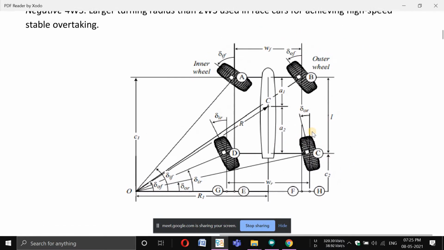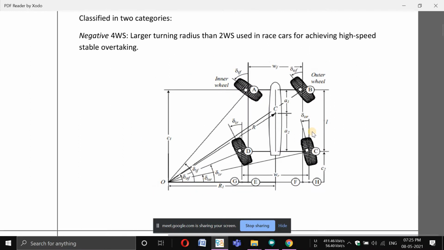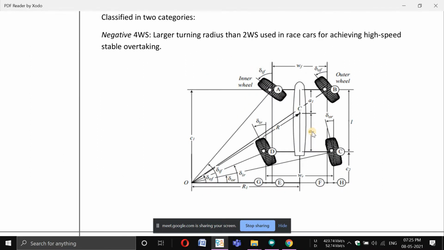which is used in race cars for achieving high speed stable overtaking, when we need to overtake, but we could not steer the vehicle more, because if we steer more we would take a turn. We do not require a turn, we need an overtake. So this type of negative four wheel steering increases the turning radius.